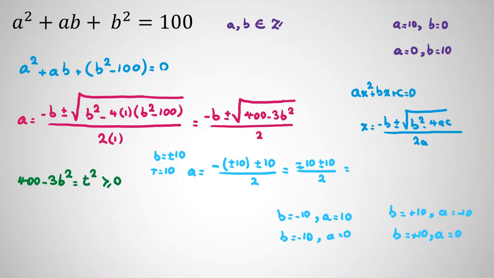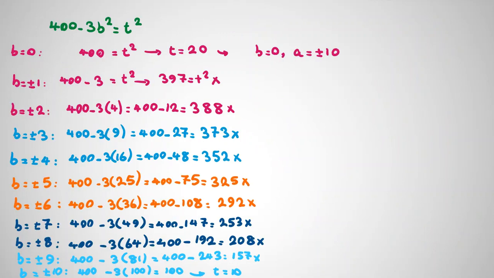Okay, so let's write all answers again. This one, we found other answers. I think we need a new page to write all answers, but here, b plus 10, a equal to negative 10 and 0, b equal to negative 10, a equal to 10 and 0.